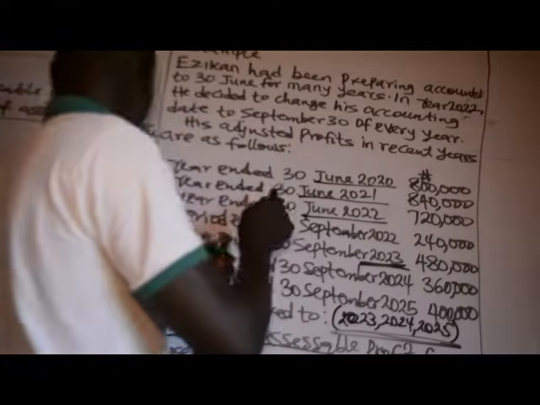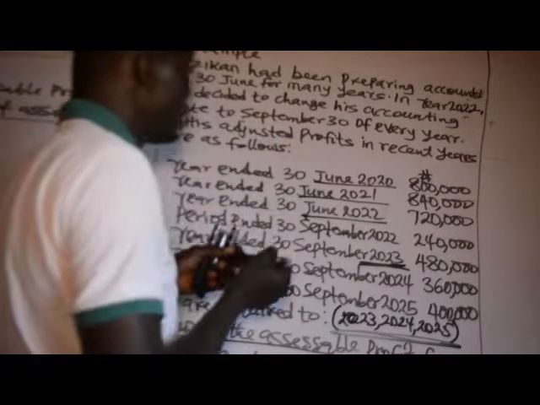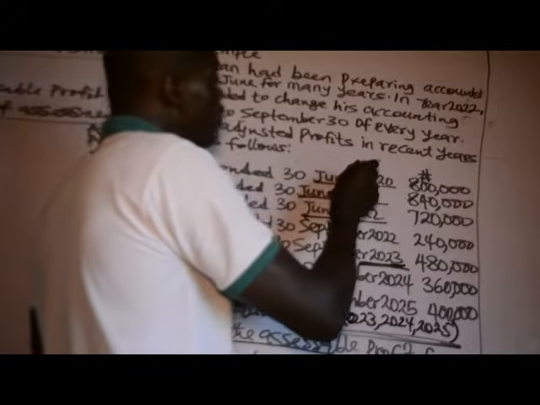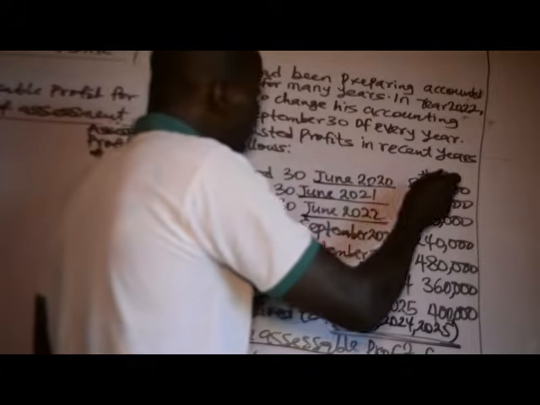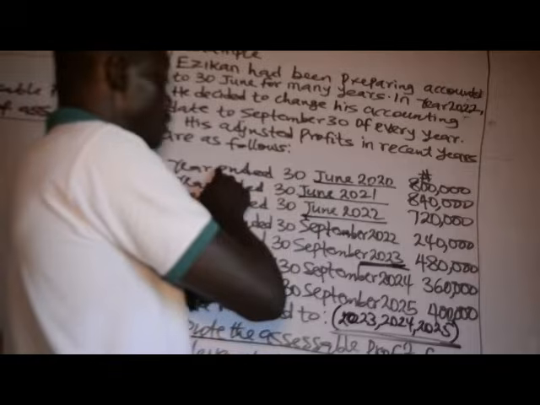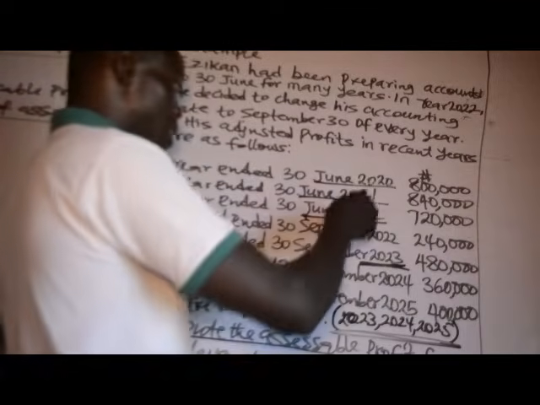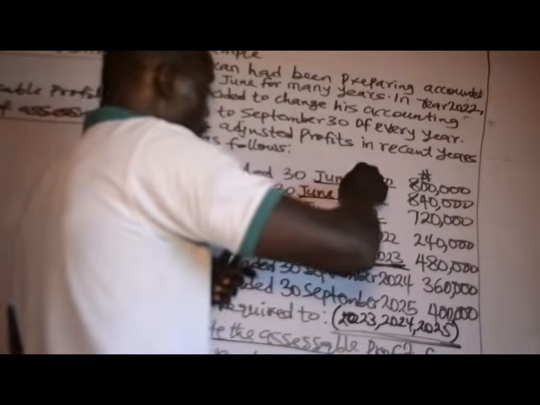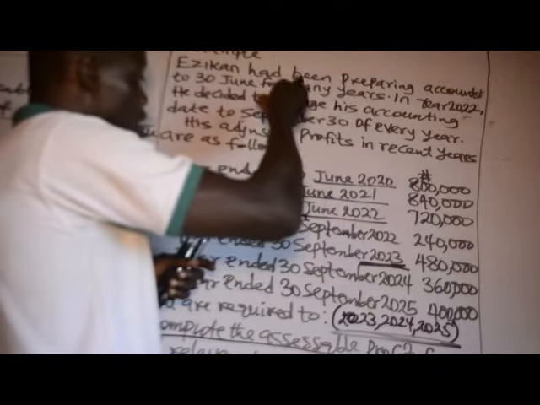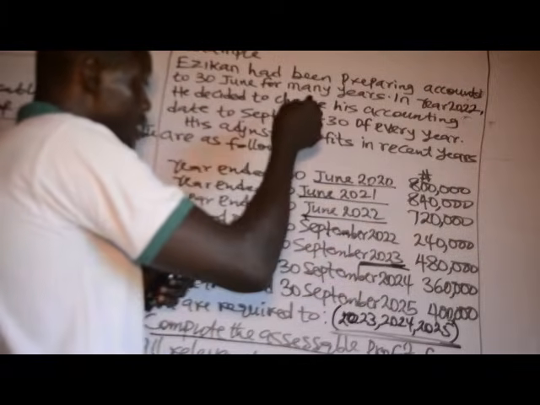Now, for the 2021 year of assessment, the profit for the 2020 year end, which is 800,000, will be assessable in 2021 on preceding year basis. The preceding year to 2021 is 2020. This ended as at June, which means it will have started from 1st of July 2019.